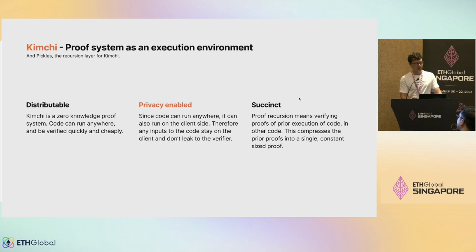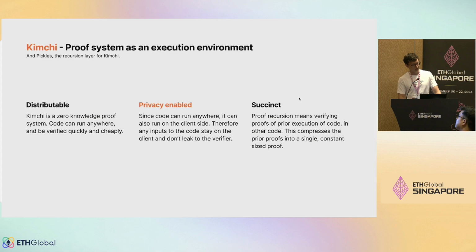As part of Kimchi, we also offer Pickles, a technique for recursing over Kimchi proofs, which allows us to basically infinitely recurse over a large set of proofs and compress that into one single proof that everyone can verify in constant time.